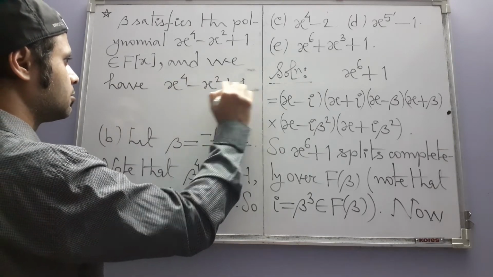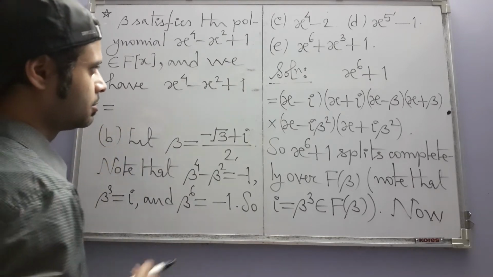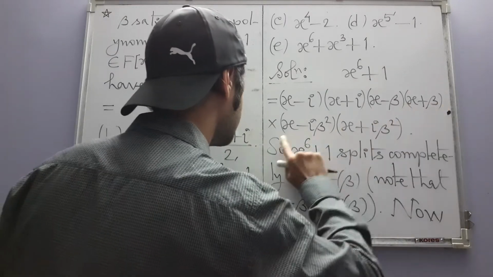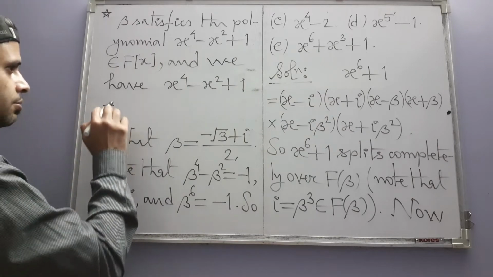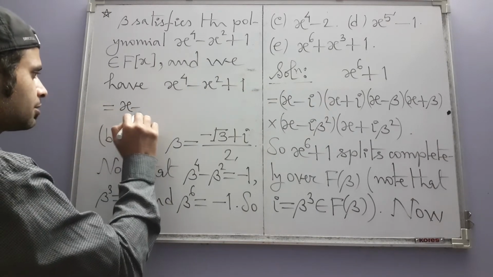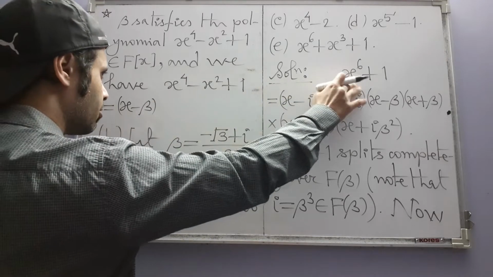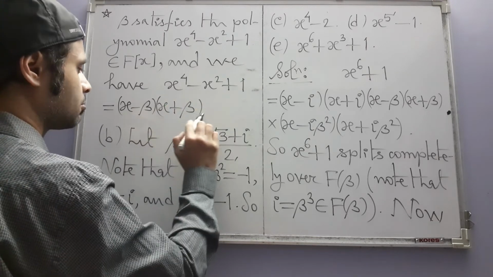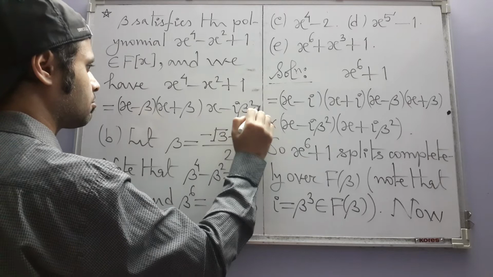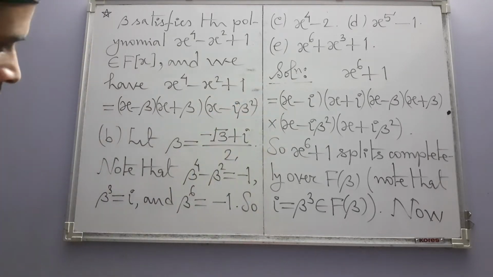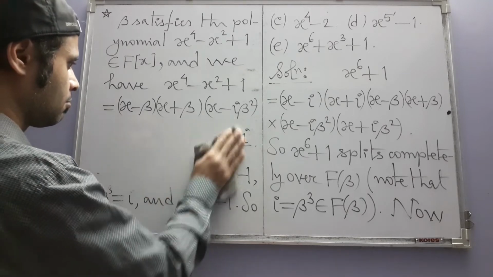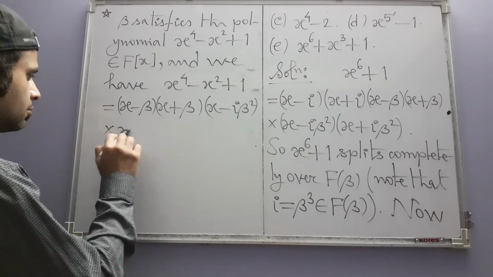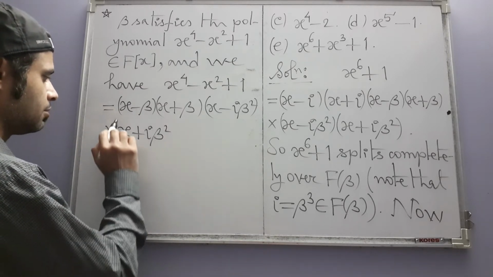In fact the factorization of this thing in the polynomial ring Cx is this part, excluding the first two, and from this you can now see why this is not irreducible over Q. Times x plus I beta square.